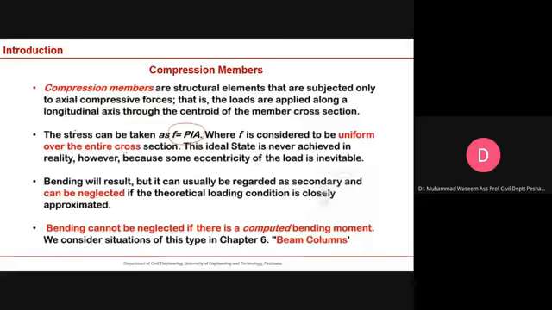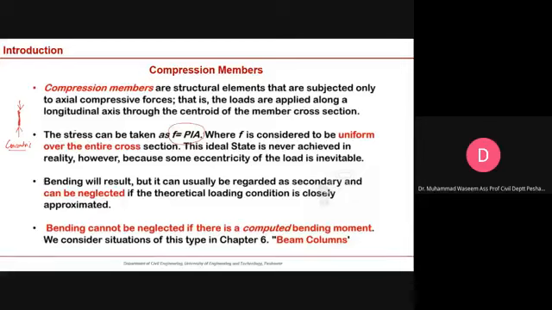Now, as we discussed, the compression members are the members which are subjected to axial compressive forces, and axial compressive forces mean that the load is concentric, not eccentric.